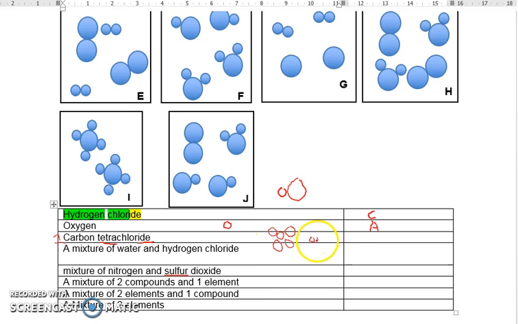Or it can be a big circle in the middle with 4 tiny ones. Okay, as long as you have 4 of the same size, it doesn't matter whether it's bigger or smaller. So the one that looks like this will be I. So the answer is I.